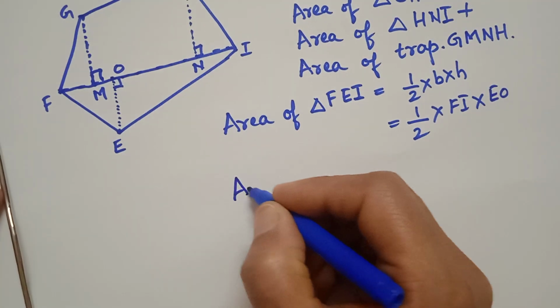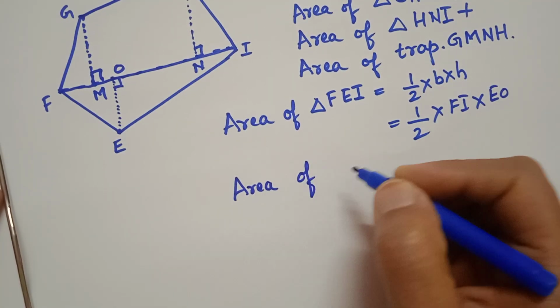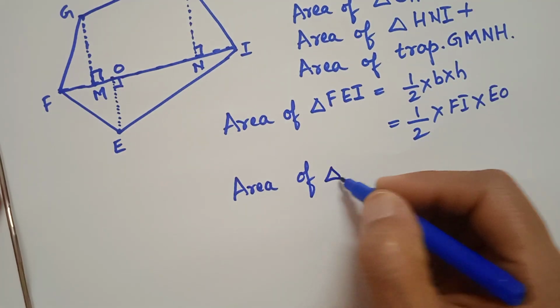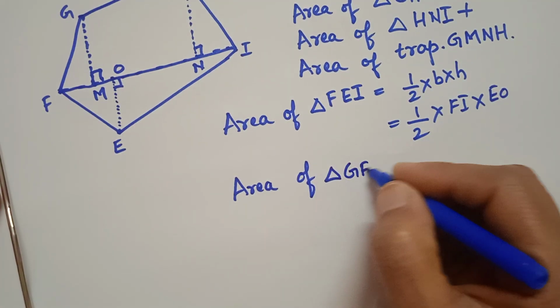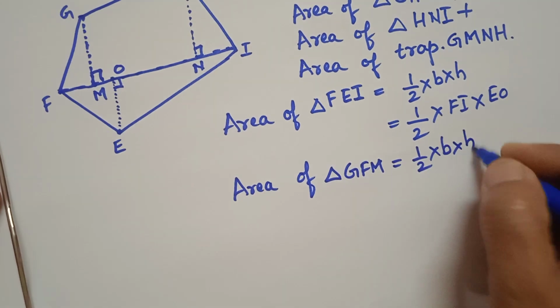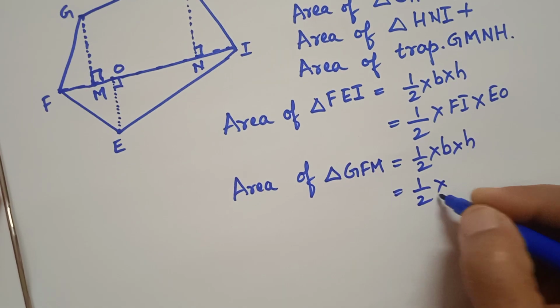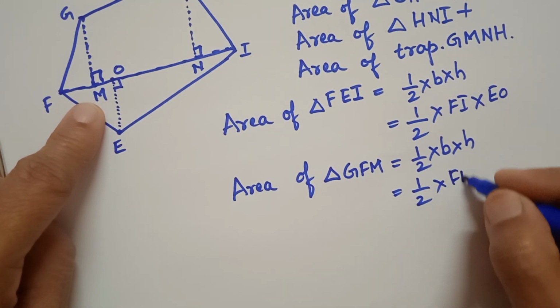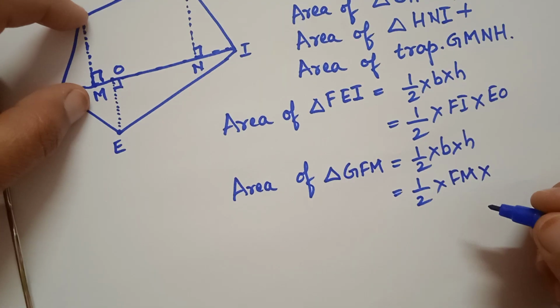Next, area of triangle GFM. Again it is half into base into height. Half into base is what? FM, into height is what?